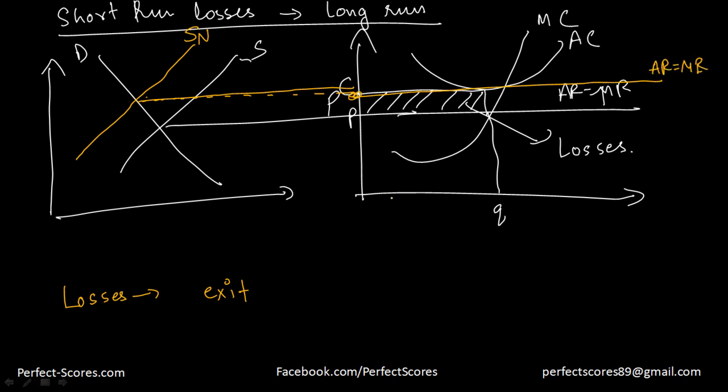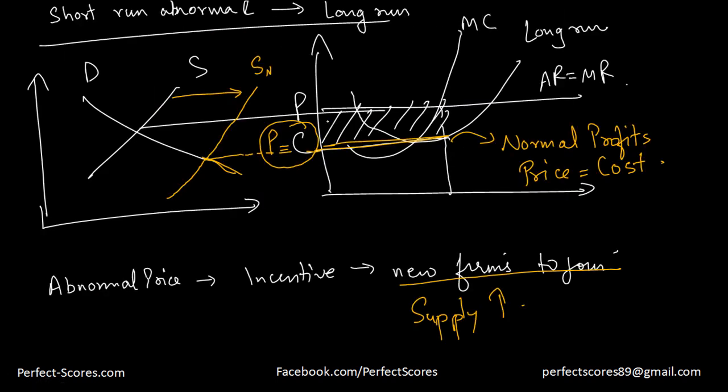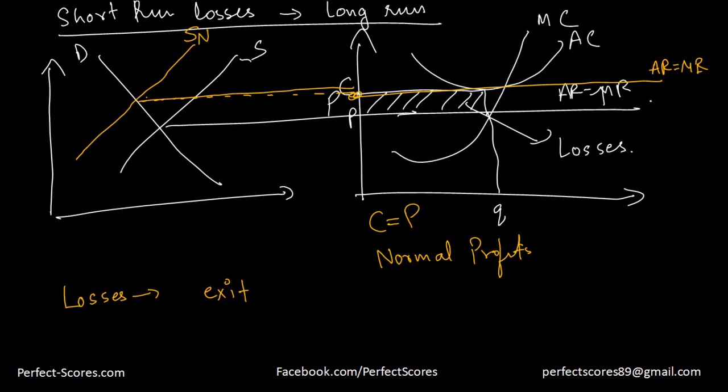Hence again at this point cost is equal to price, which means the firms are again making normal profits. It's similar to the previous one. In the previous one also, this became the new average revenue equal to the marginal revenue line, at which the cost was equal to the price, and the firms were making normal profits in the long run.